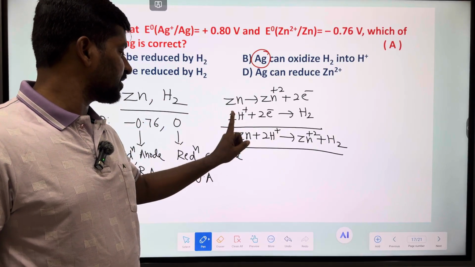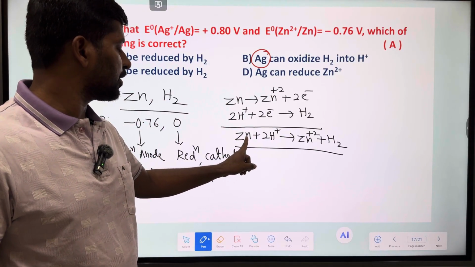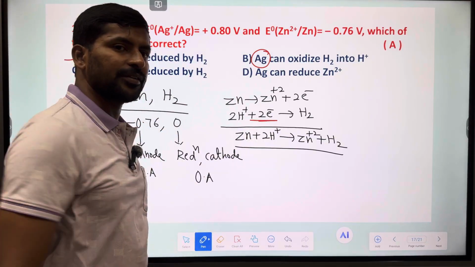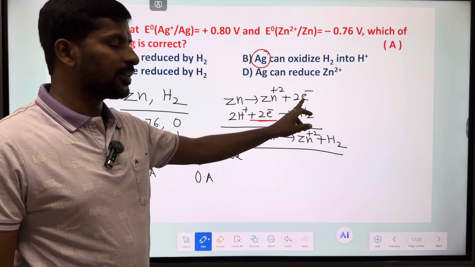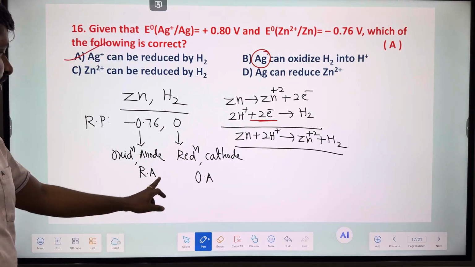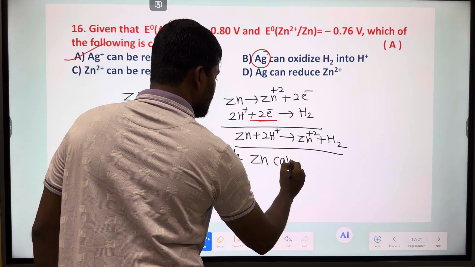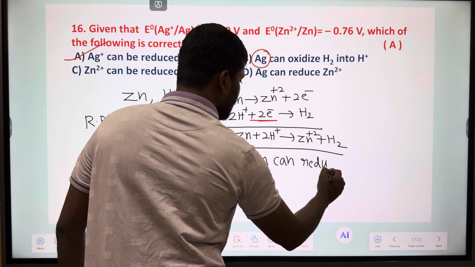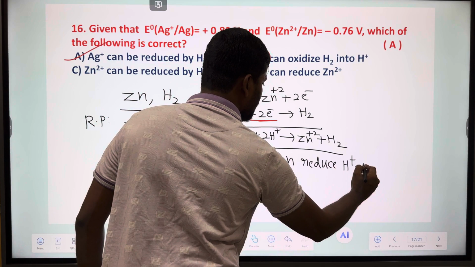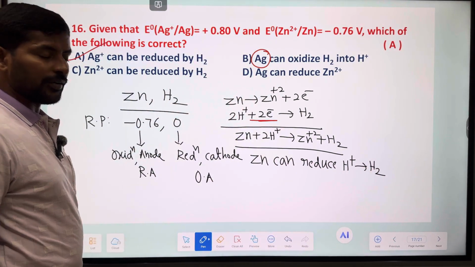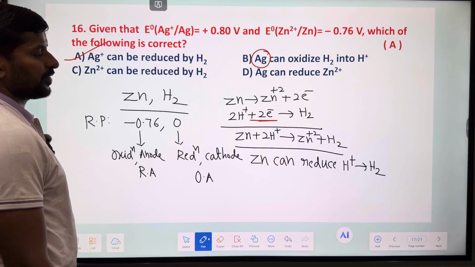Zinc itself participates in the oxidation, so zinc acts as a reducing agent, that means zinc can reduce H+ ions to H2. Hydrogen is what? Oxidizing agent.